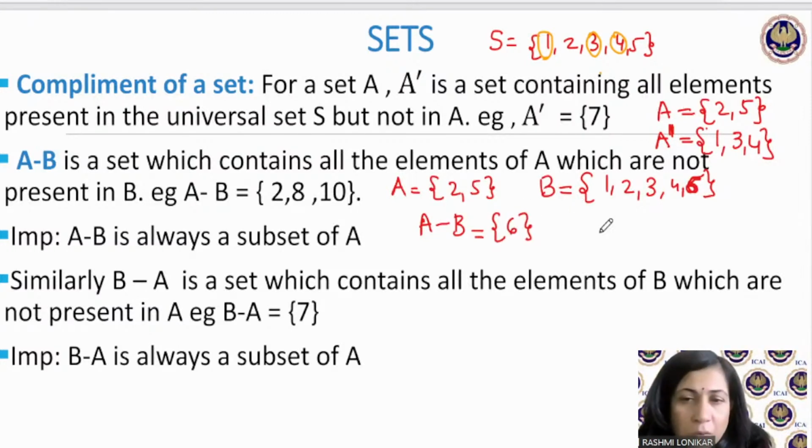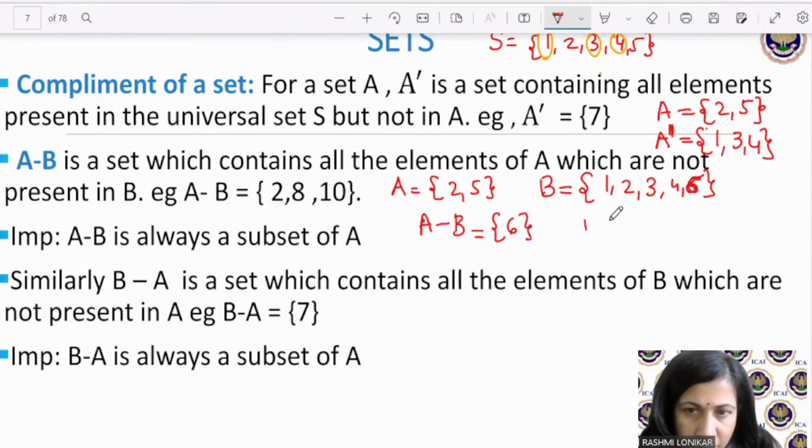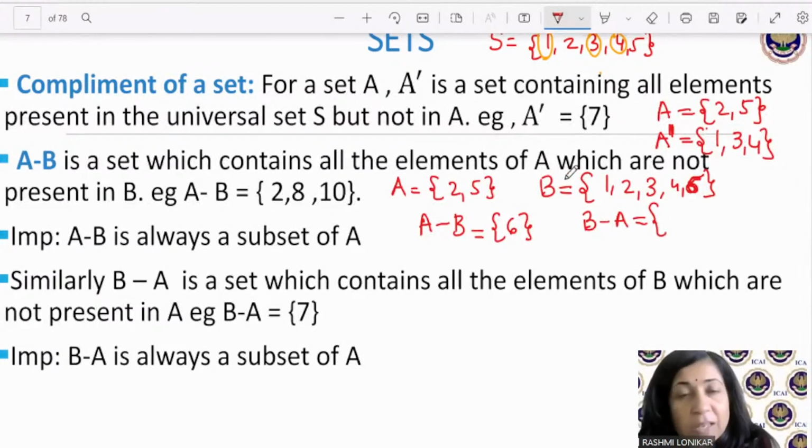What about B minus A? Can I find that out? All elements of B which are not present in A. Is 1 present in A? No, so I'll write that. Is 2 present in A? Yes, I will not write that. 3 is not present, 4 is not present, and 6 is not present.